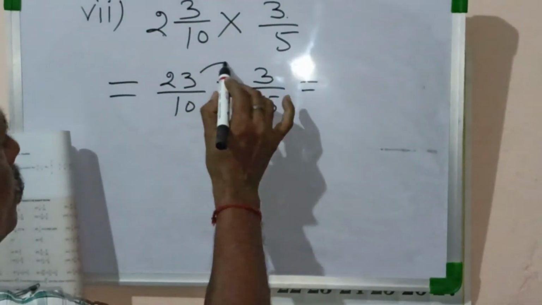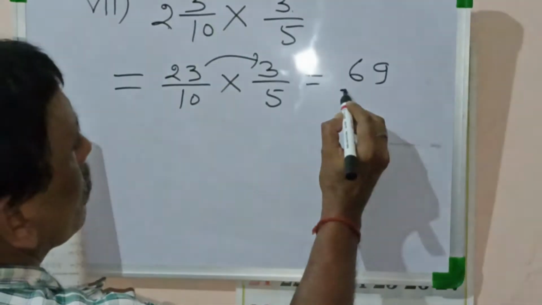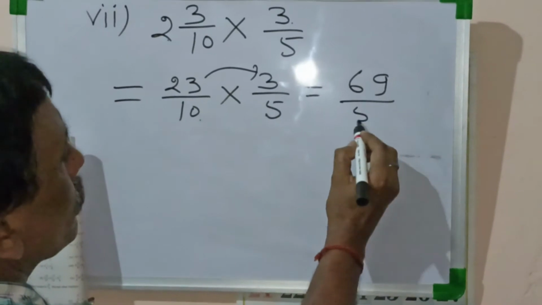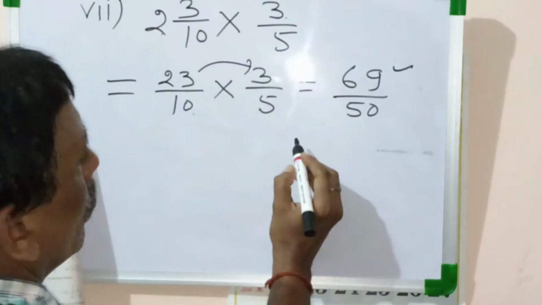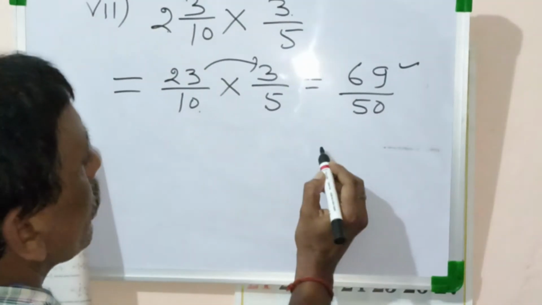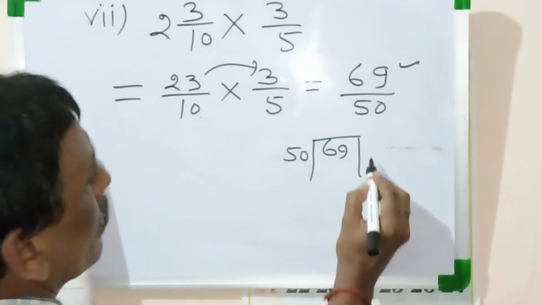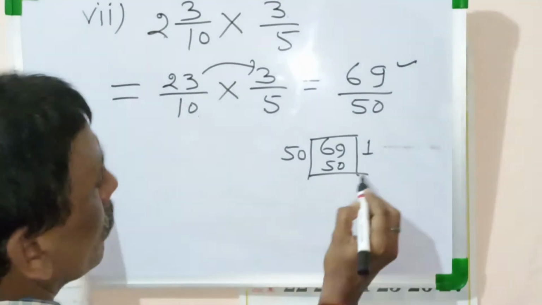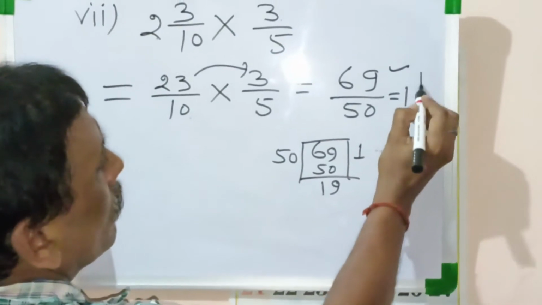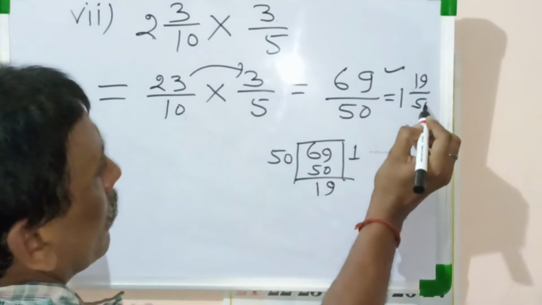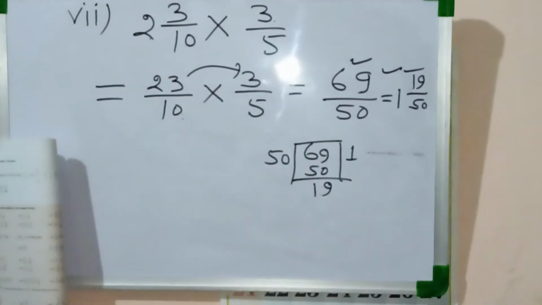So 23 into 3. 3 threes are 9, 3 twos are 6, 69 upon 10 fives are 50. You can write 69 upon 50, or you can divide this fraction also. 69 divided by 50. This is 50 ones are 50. 19 is left, so 1 whole 19 upon 50. You can write this answer also. Both answers are correct, either this or this. Okay.